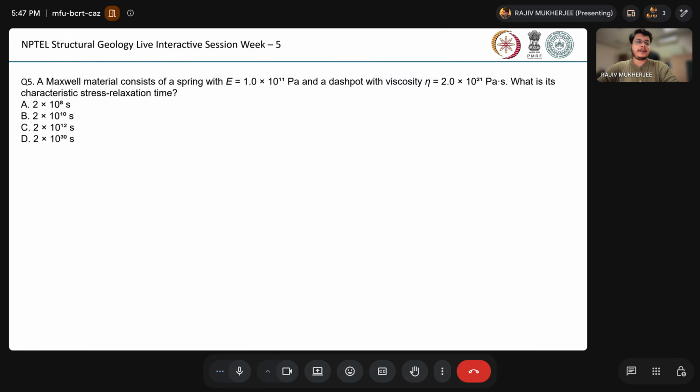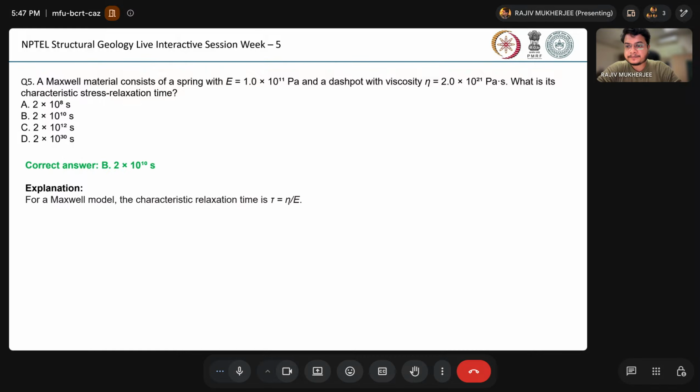Okay, so the correct option is option B, that is 2 × 10^10 seconds, right? If we go to the explanation, for a Maxwell model, the characteristic relaxation time tau is essentially the ratio between the viscosity and the Young's modulus.